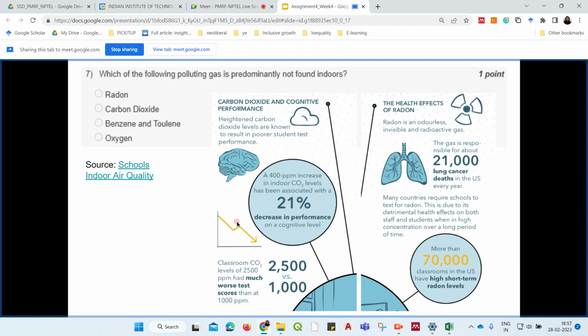This study tells you what are the polluting gases which are predominantly found indoors, and what negative health impacts they can have on the residents of that indoor space. And from that you can find out which of these gases are actually pollutant and which are found indoors.